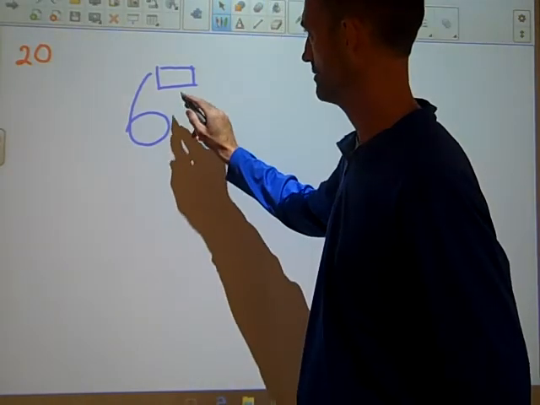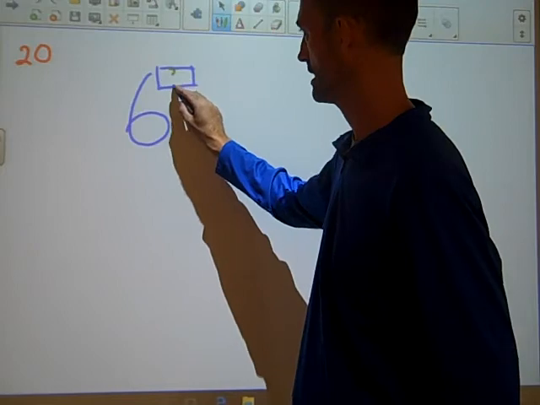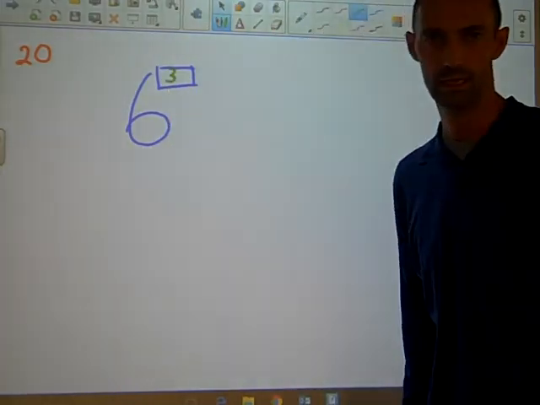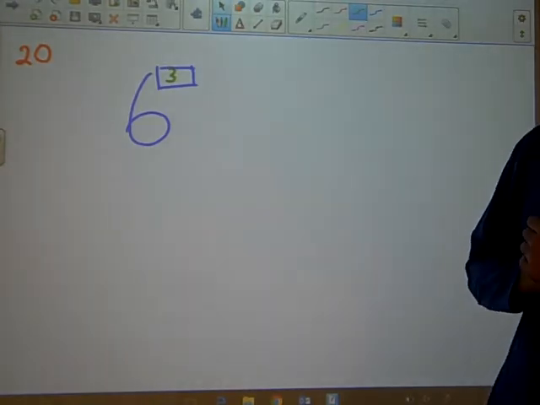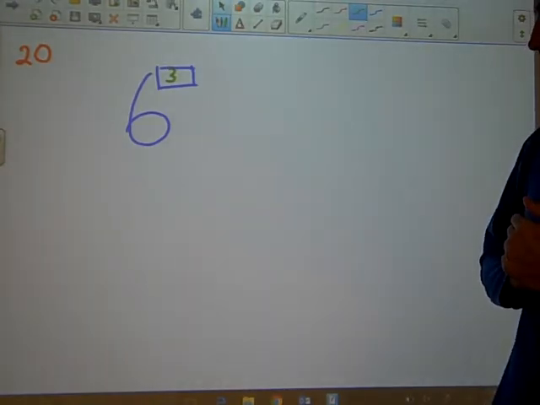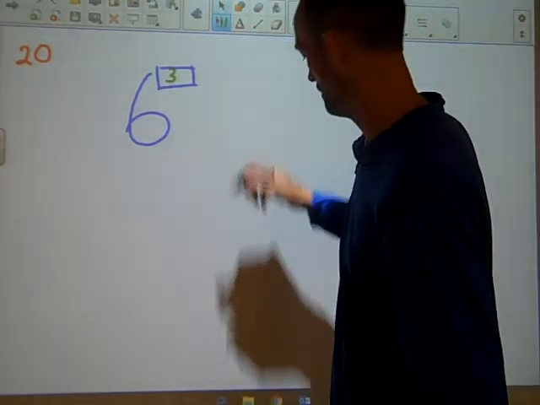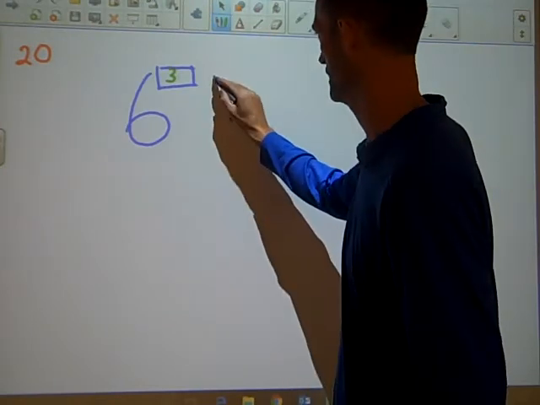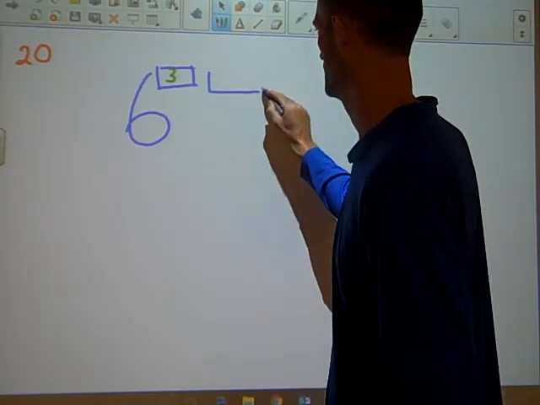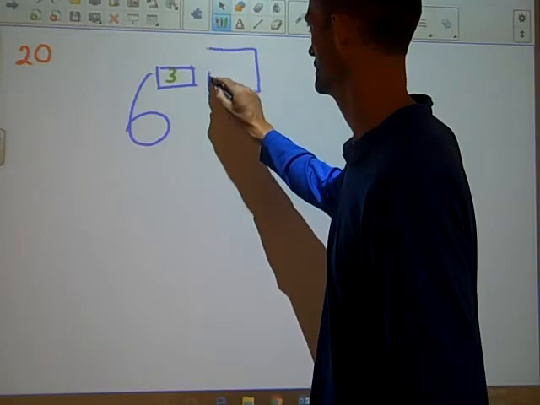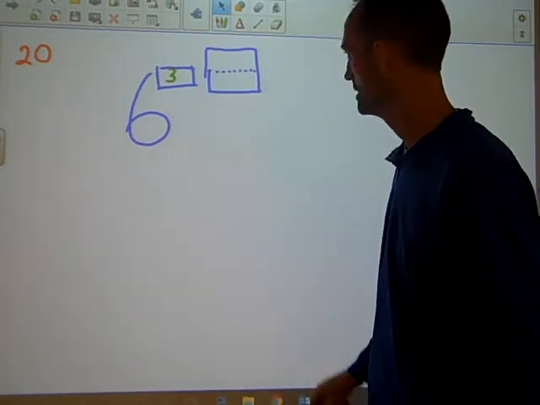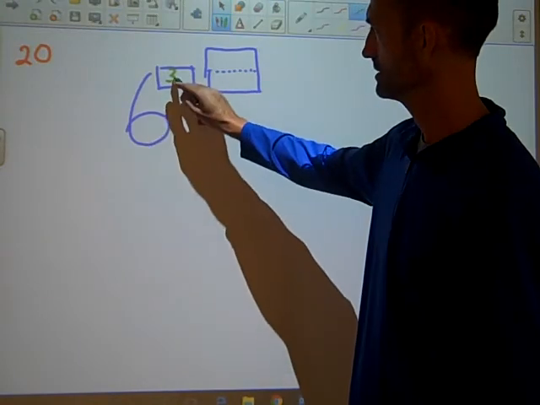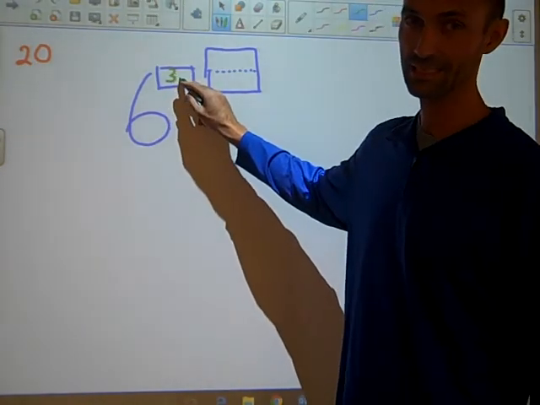And I want you to write a 3 on the outside of the flap. Then you're going to open the flap, so I'll try to show that here. So the flap open, there's this line in the middle. So 6, and with this 3, this is an exponent.